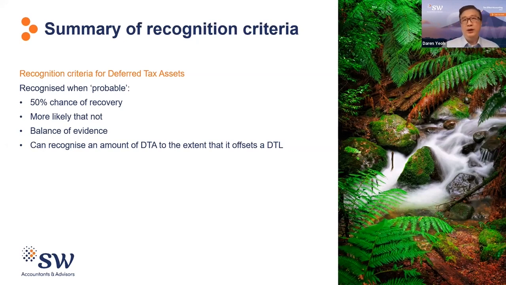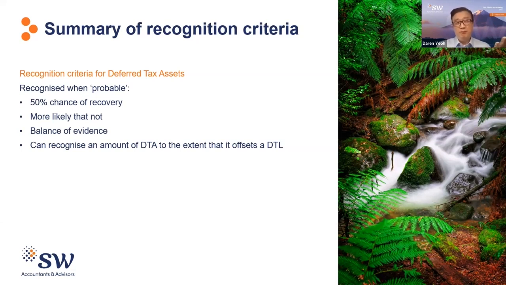So in working out whether it's probable that you're going to use those deductions and losses, you need to put your positive evidence beside your negative evidence. So your negative evidence might be, for example, you've got a history of tax losses being incurred. That's a very strong negative evidence.